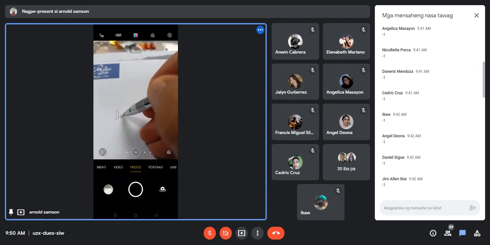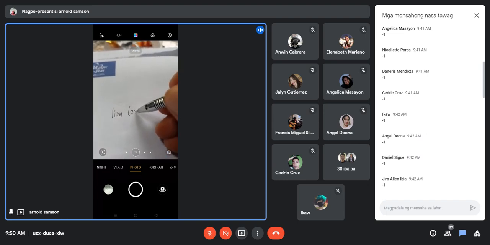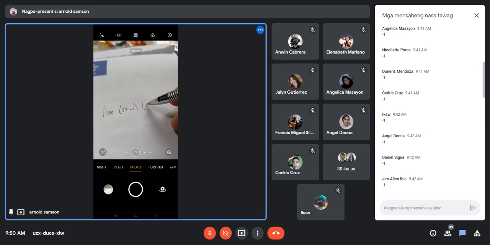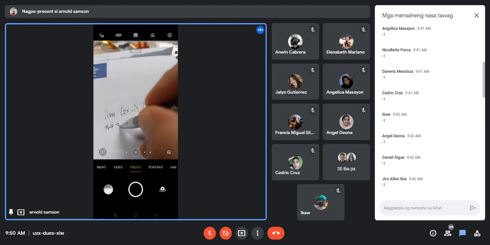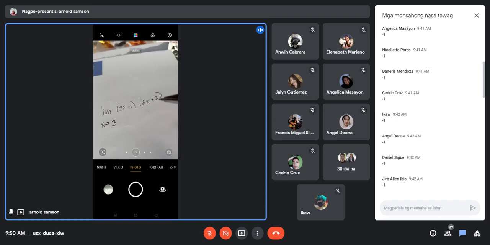The limit of 2x minus 1 times 3x plus 2, when x approaches, let's say, 3. How do we do it?